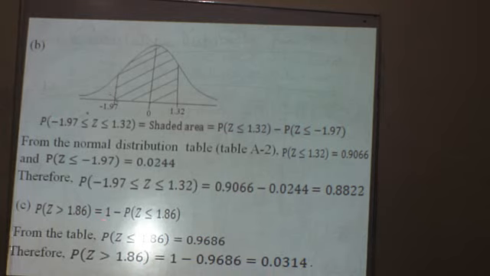Now from the normal distribution diagram, we know that from the leftmost to the rightmost gives a total bounded area of 1.